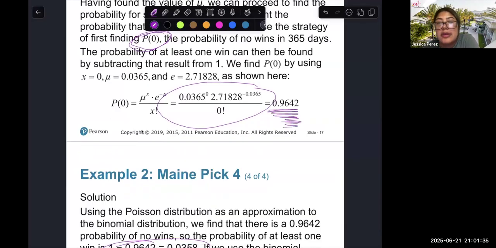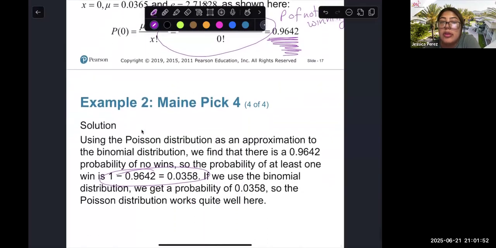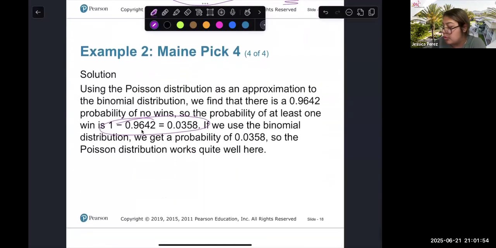This is the probability of not winning, no wins in 365 days. If we want the probability of winning, we have to do 1 minus the probability of no wins. Remember, it's 1 minus the complement.